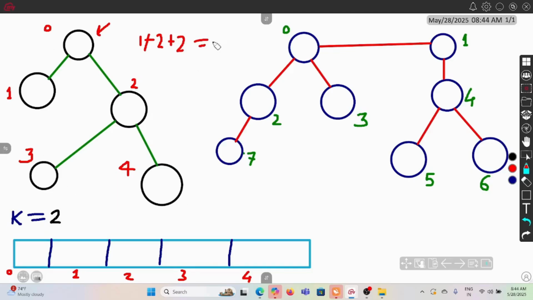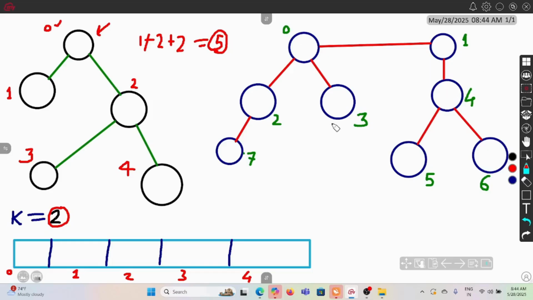We have found target equal to 5 for K equal to 2, right? Those at a distance of 2 or a lesser distance, including the node itself. So for the 0th node, 5 would be the target when K equal to 2. So similar things we have to do for all the nodes of graph 1.